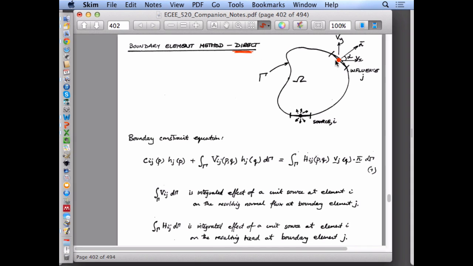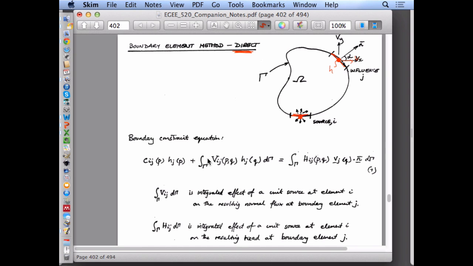So you put the source here, and at every other location around the boundary, you calculate the induced head and the induced velocities in an unperforated medium in the x and y directions to get the normal to the boundary ones. And the only difference is that you write it in the form of a boundary constraint equation.